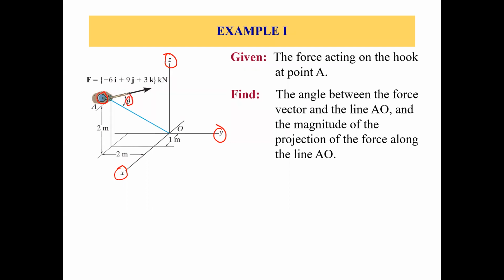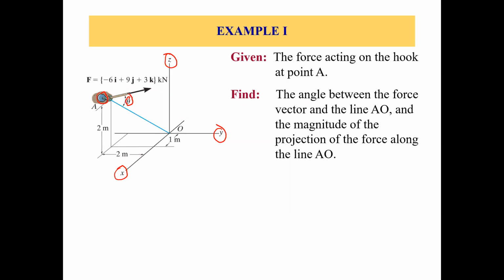And also the magnitude of projection of the force along line AO. So we need to determine these two things: the angle theta and the projection of the force along line AO.